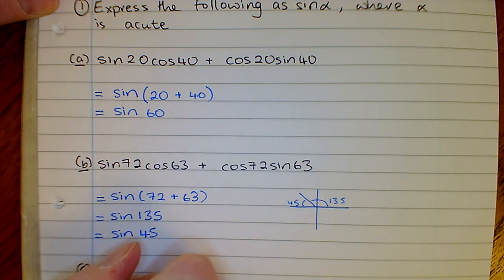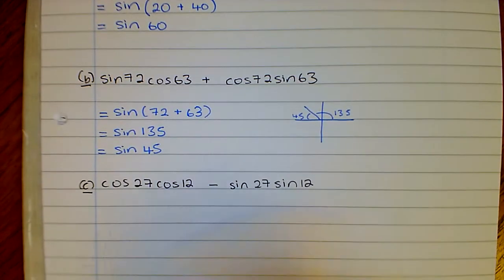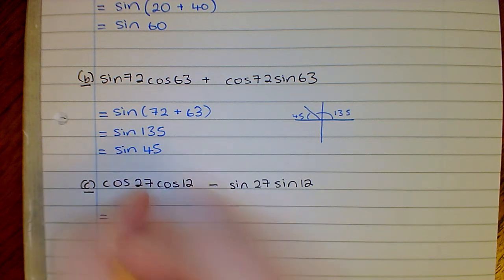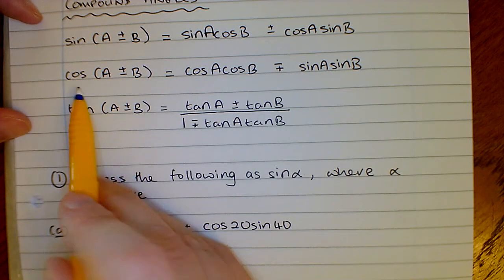And our next one then, cos 27 cos 12 minus sine 27 sine 12. So we know this is cos, cosine, sine. So looking at our formulas, it's going to be the cos one.